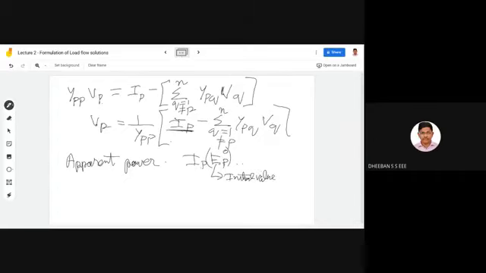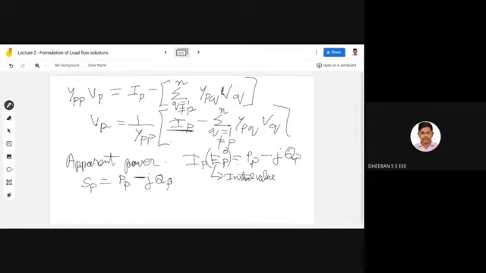and this apparent power, that is your Sp, will be equal to Pp, that is your real power, minus jQp. So it is a generating bus, so hence you will be having this minus. So this Ip will be equal to Pp minus jQp.